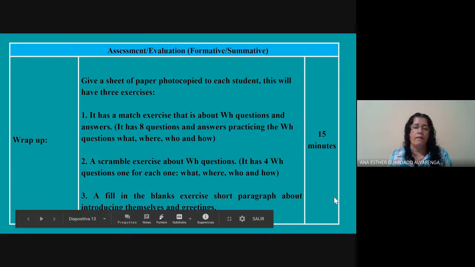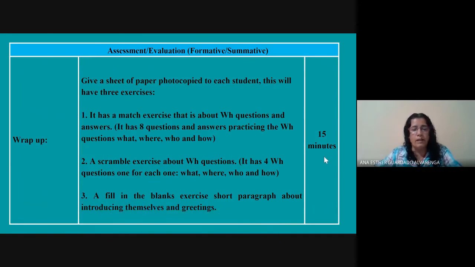And then we have the third one, where they are going to fill in the blanks. This is about a short conversation about introducing themselves and greetings, and they are going to have the opportunity to show what they understood about the lesson.